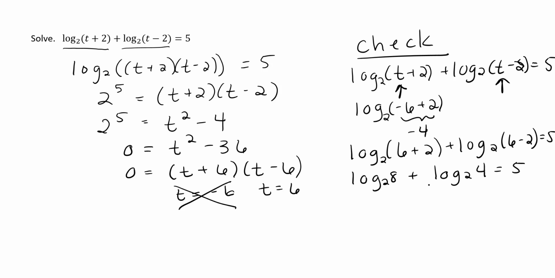We can then think of our product rule here. So we can say this is logarithm base 2 of 8 times 4, which is 32. And logarithm base 2 of 32 is 5. And so when we use the positive 6, it checks. The negative 6, however, did not check. So we only have one valid solution for this logarithm.